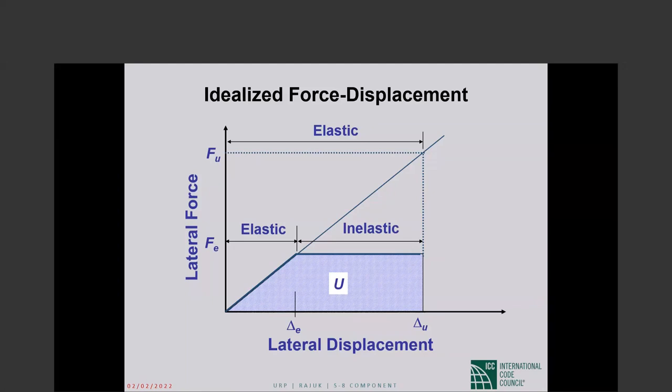Okay. So the difference between the stronger structure with the higher strength level and the weaker structure with the lower strength level is that the entire displacement suffered by the stronger structure is elastic. It is all recoverable. There is no damage associated with it. But much of the displacement suffered by the weaker structure is inelastic. It has damage associated with it. Okay.